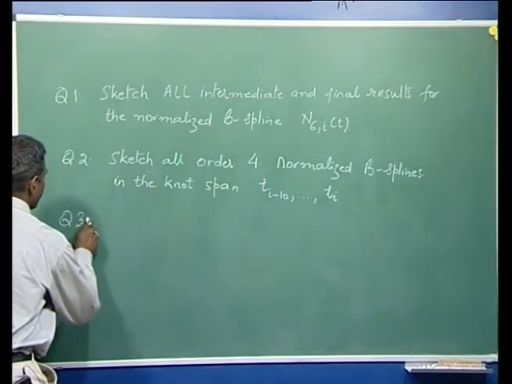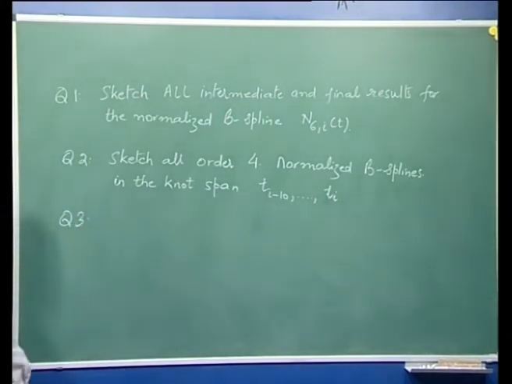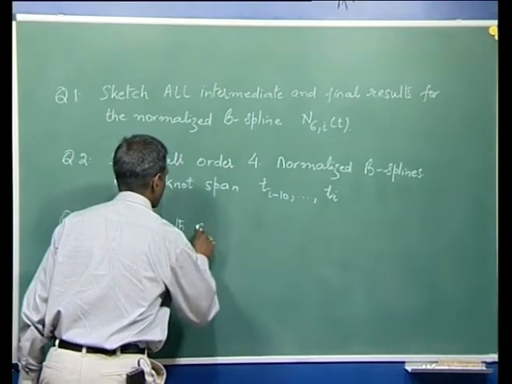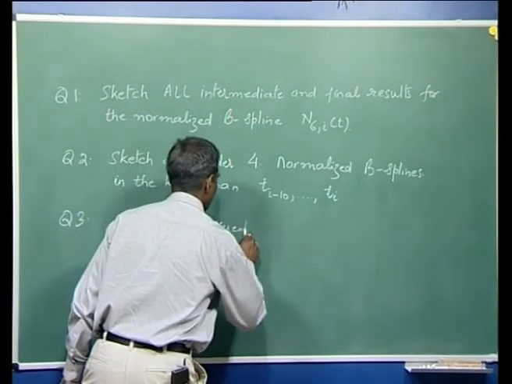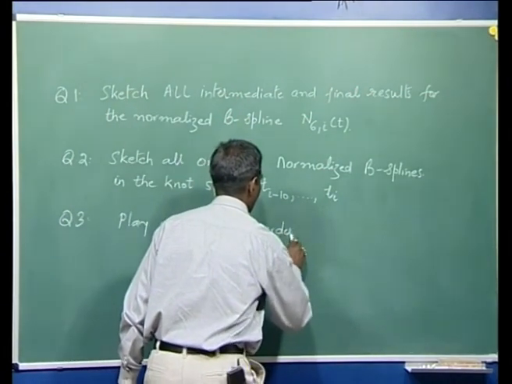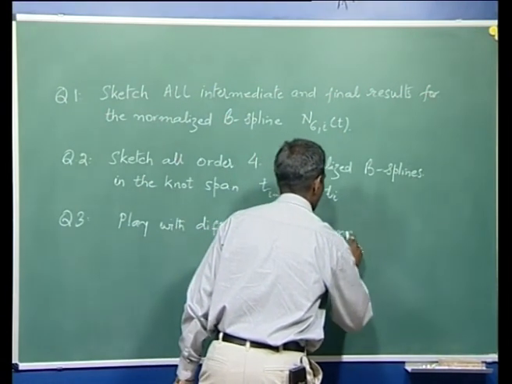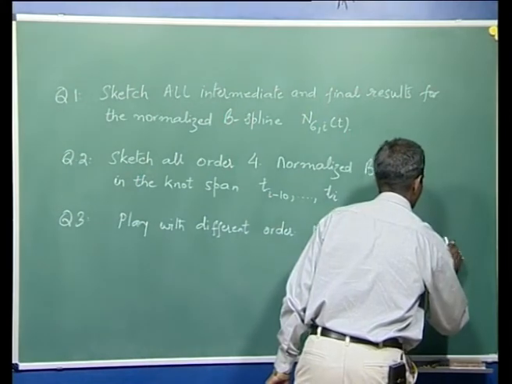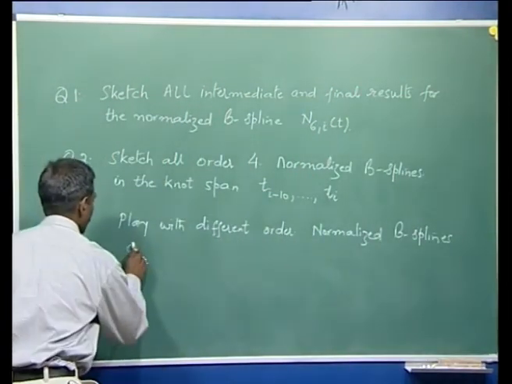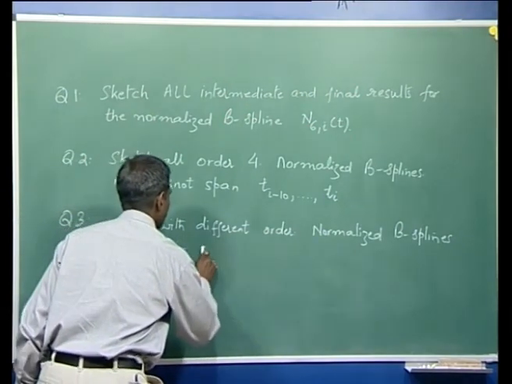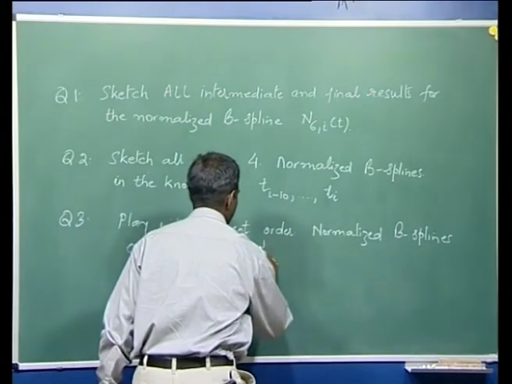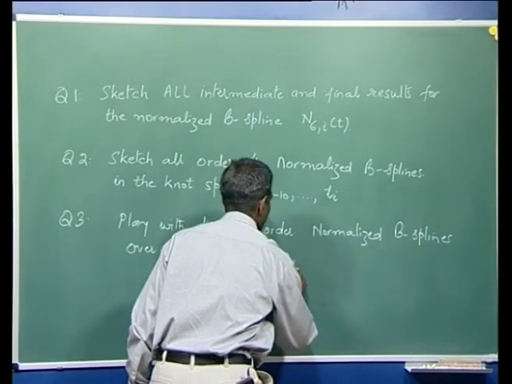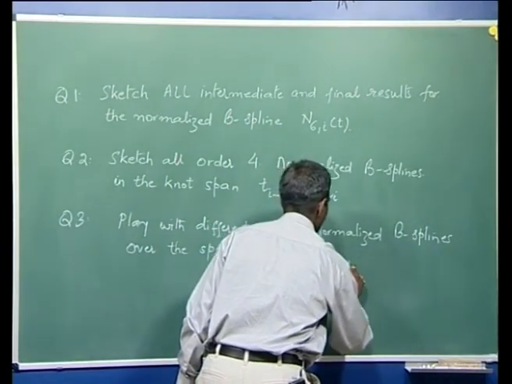Question 3. Play with different order normalized B-splines over the span t_(i-8) till t_(i+4).